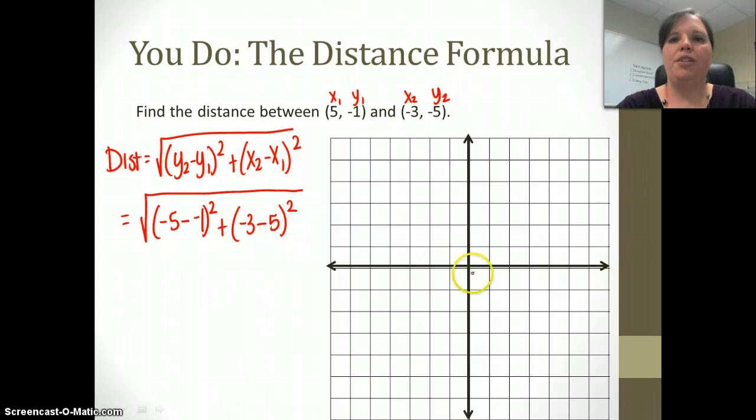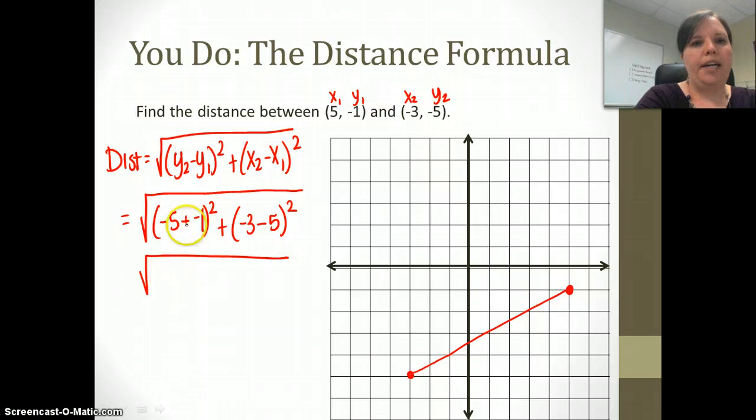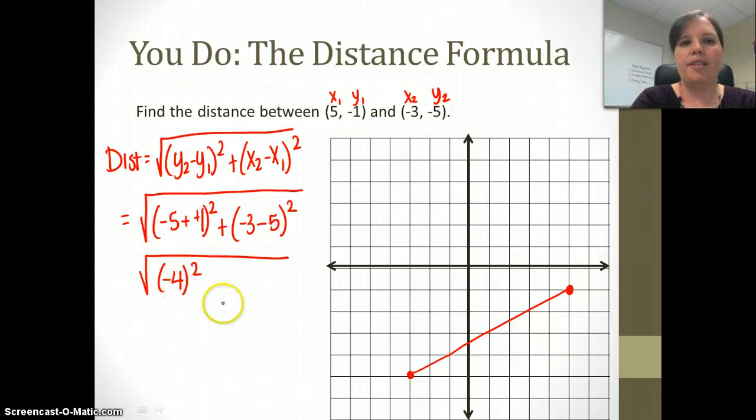So I'm going to verify to you here 5, -1, -3, -5. The numbers I get: -5 plus 1 would be -4, and notice it's in parentheses, still squared, plus -3 minus 5 would be -8 squared.